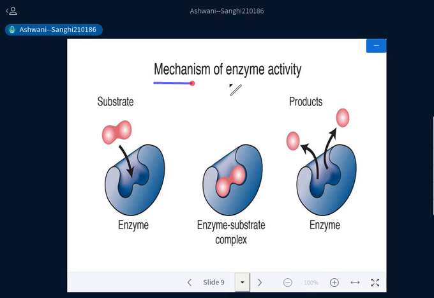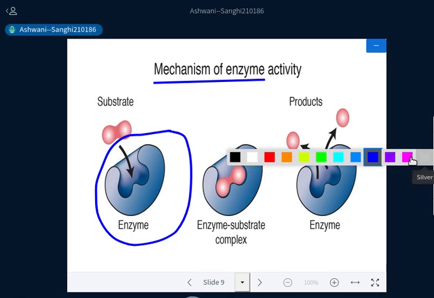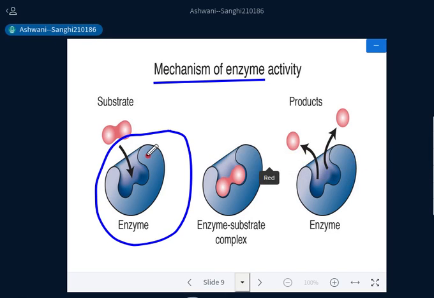Then the mechanism of enzyme action. In the mechanism of enzyme action, that is, what is the relation between the enzyme and substrate. Enzyme is a big molecule and enzyme has a particular site where substrate binds.